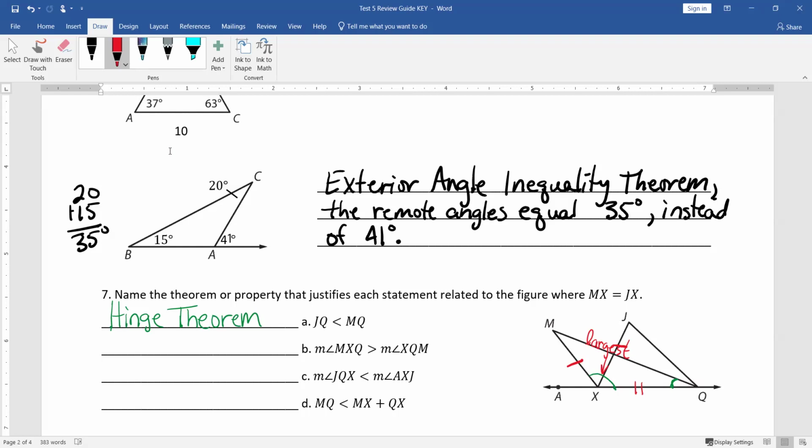So this would be the greater angle theorem. All right, so go back to section 5.3. 5.3 says if two sides of a triangle are not congruent, so this is when you're working in just one triangle, the larger angle is opposite the longer side. So yeah, this is the greater angle theorem.